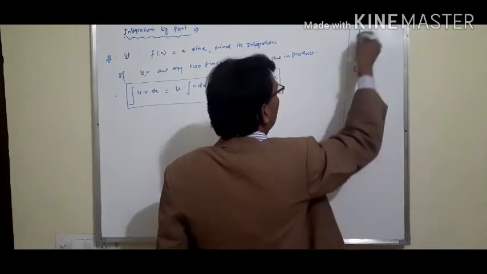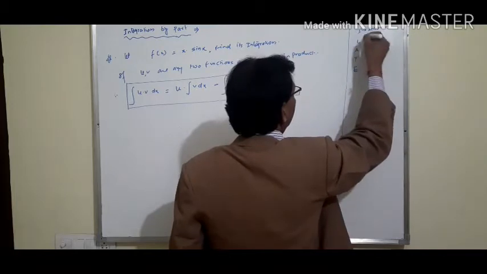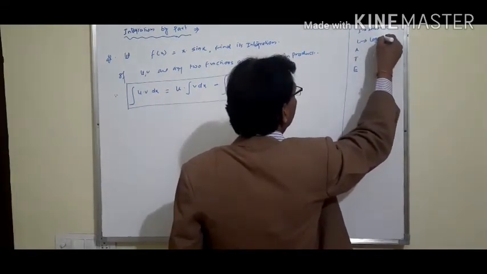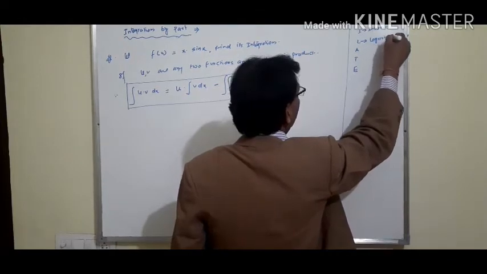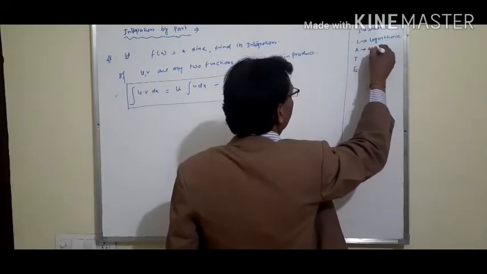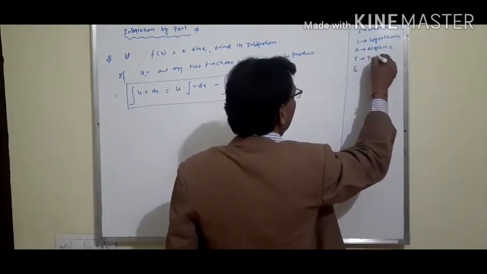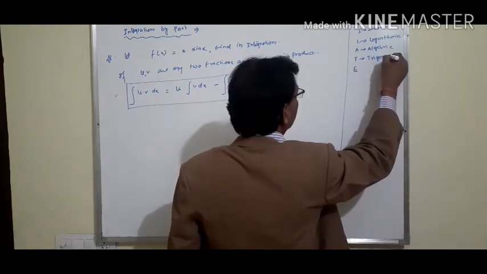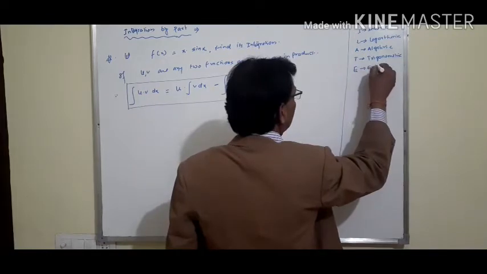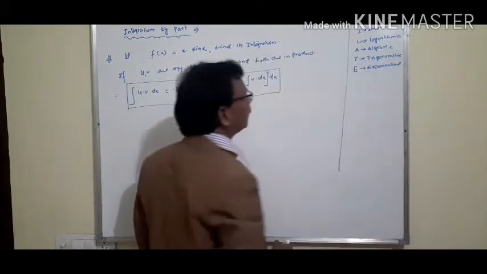ILATE rule means I means inverse function, L means logarithmic function, A means algebraic function, T means trigonometric function, and E means exponential function.